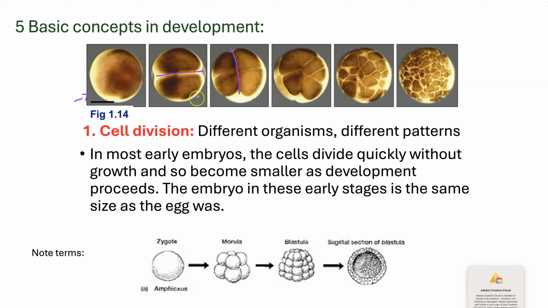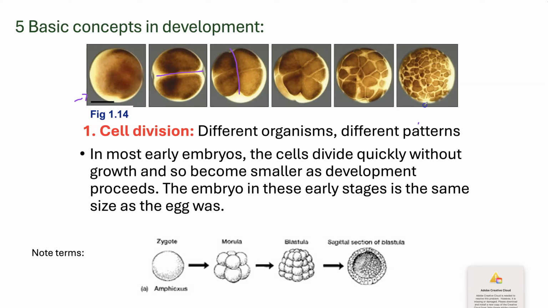And so one thing to notice is in embryos, you want to develop rapidly because the embryo stage is usually very vulnerable. It can't swim away from a predator or run away, and so you want that very rapid development. So what happens is the cells divide very, very quickly, but there's no growth in between.